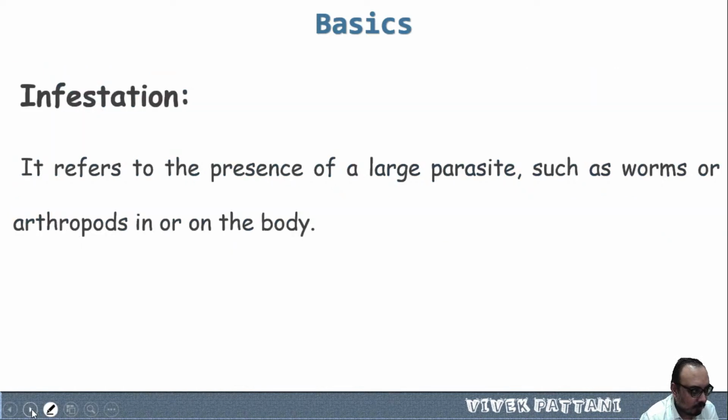So now the next term is infestation. Many people in the scientific world, many students, even many faculty I have seen, when they discuss infection, not infestation but infection, say that large parasites, arthropods which enter our body, are called infection, but that is actually not true scientifically.